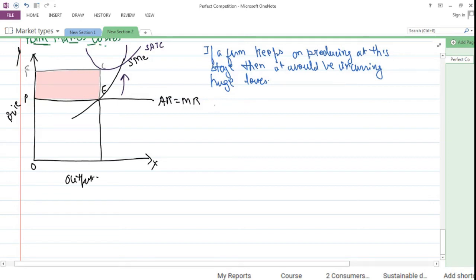So if a firm is trying to keep on producing, till when should a firm keep on producing? That is the question.